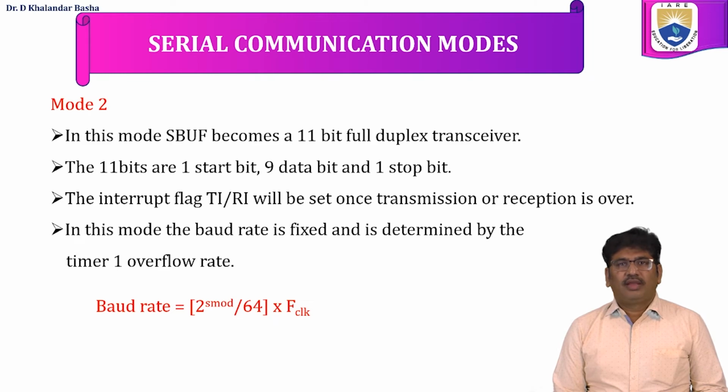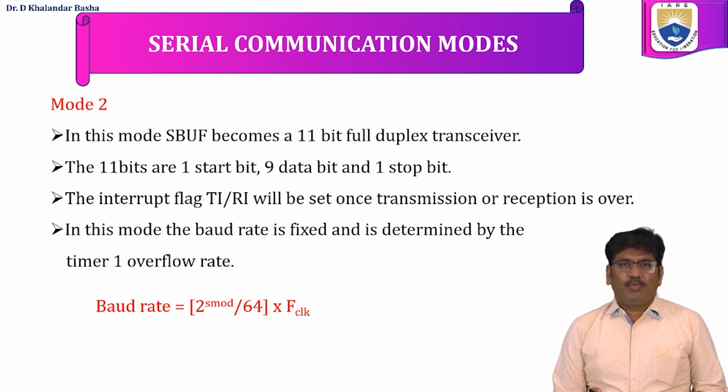Mode 2. In this mode, SBUF becomes an 11-bit full duplex transmitter as well as receiver. The 11 bits are 1 start bit followed by 9 data bits and 1 stop bit. The interrupt flag for transmission TI and for receiving RI will be set once the transmission and reception is over.